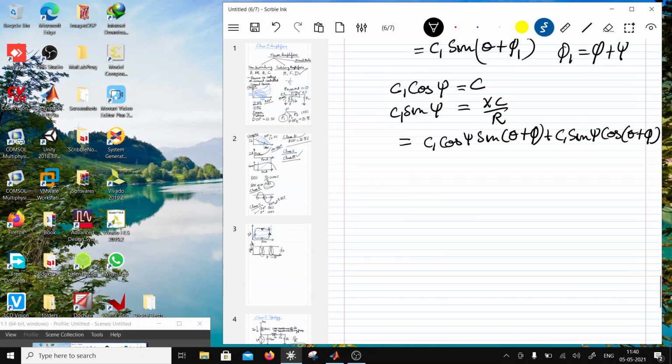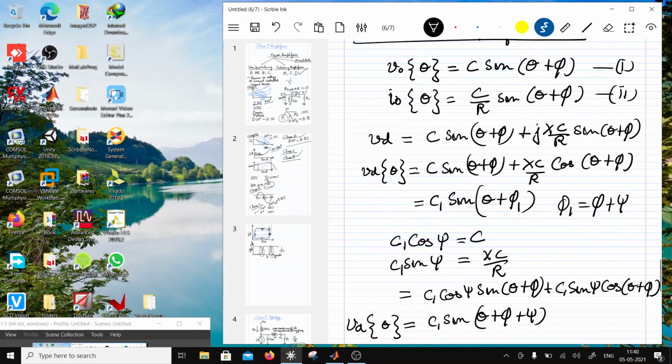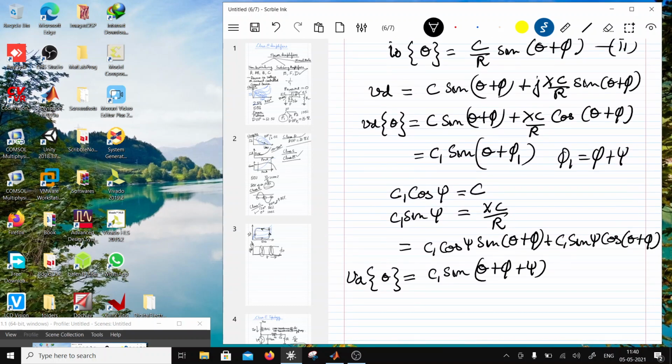Correct? So then Vd, if I do that, I can write c1 sine of theta plus phi plus xi. Right? So this would be your Vd of theta, which is the same as this one, right?